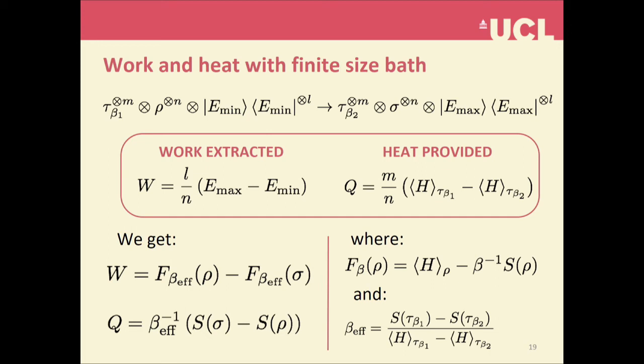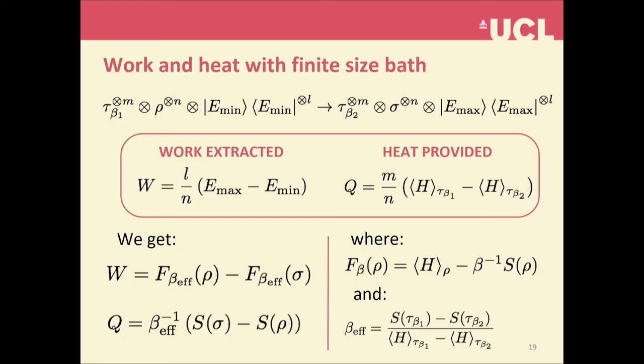On the other hand, heat will be the difference in entropy between the final and initial system times this effective temperature. If we go to the infinite case for the reservoir, meaning that if we allow m divided by n to tend to infinity, we recover the classical limit. We find that the temperature at the beginning and at the end of a reservoir doesn't change, and the effective temperature will be the same.